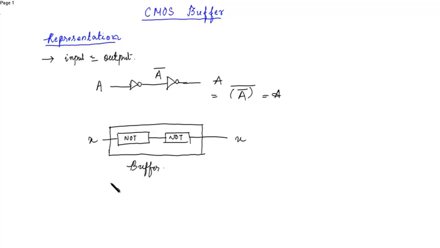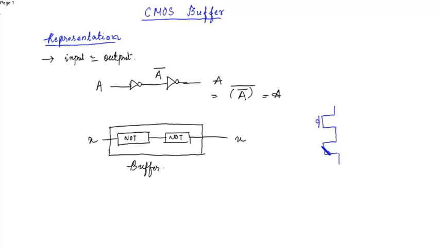So now let's see the number of NMOS and PMOS needed. When I want to represent a NOT gate, I represent it like this.